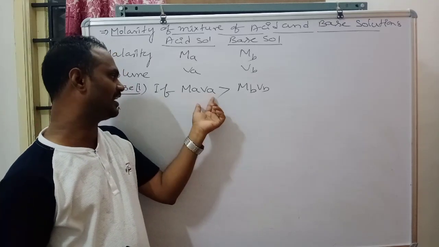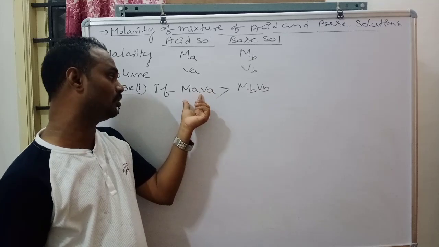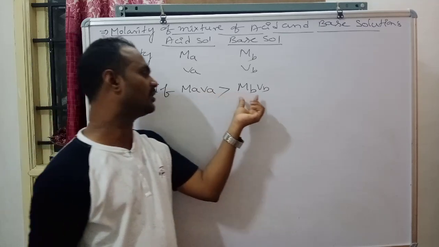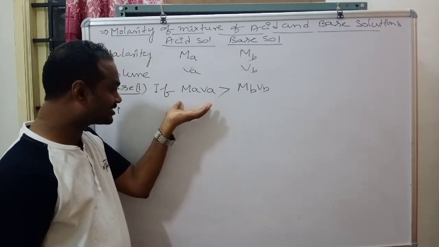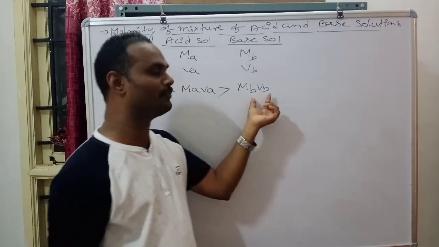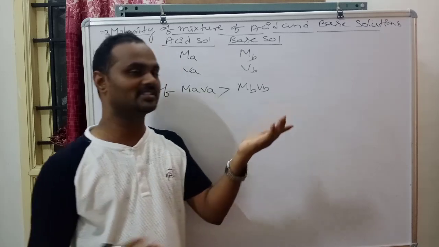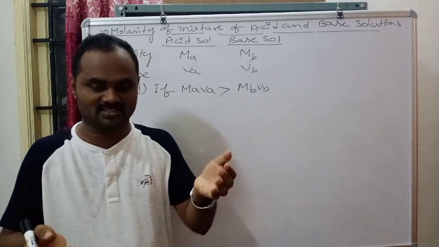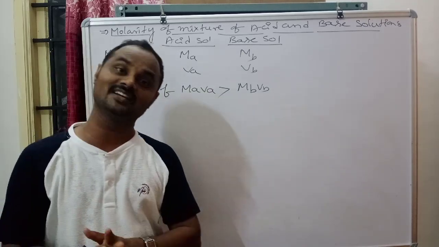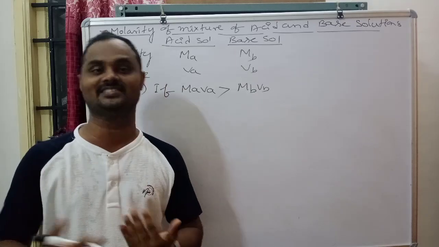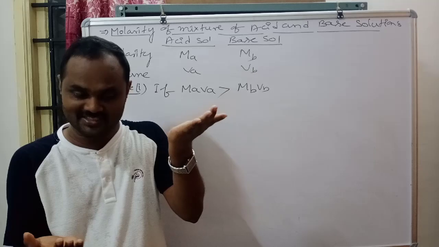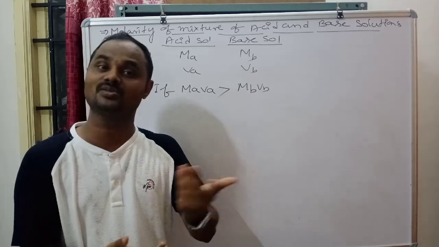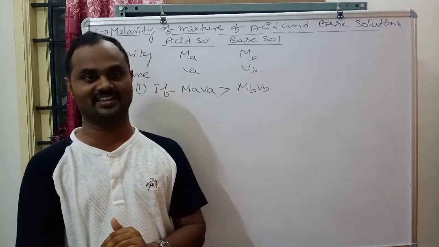MaVa is the number of millimoles of acid, and MbVb the number of millimoles of base. Acidic strength is more as compared to base. So more acid, less base mixed with each other, the resultant solution nature is acidic. Otherwise, if more base, less acid mixed together, the resultant solution nature is basic.